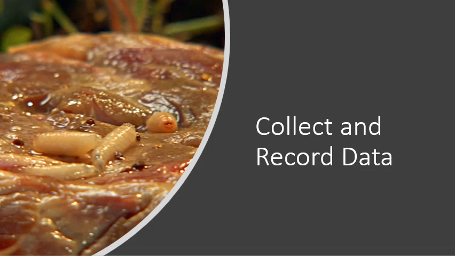He began to collect data a few days later. And of course, the data he's collecting is the presence of maggots, or how many maggots are there. And if he's collecting numbers data, numerical data, that means he's collecting quantitative data. So he collected the data, he recorded the data, and what he found, of course, is that the maggots grew on the meat that was uncovered, and they did not grow on the meat that was covered.